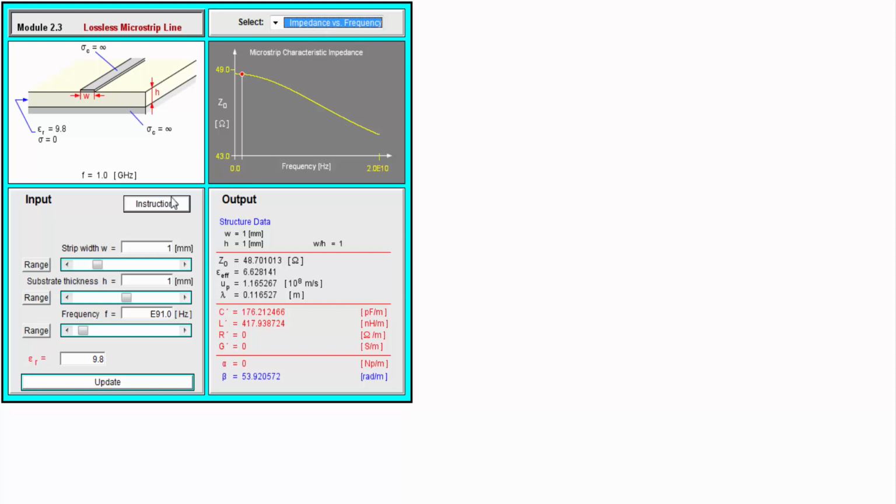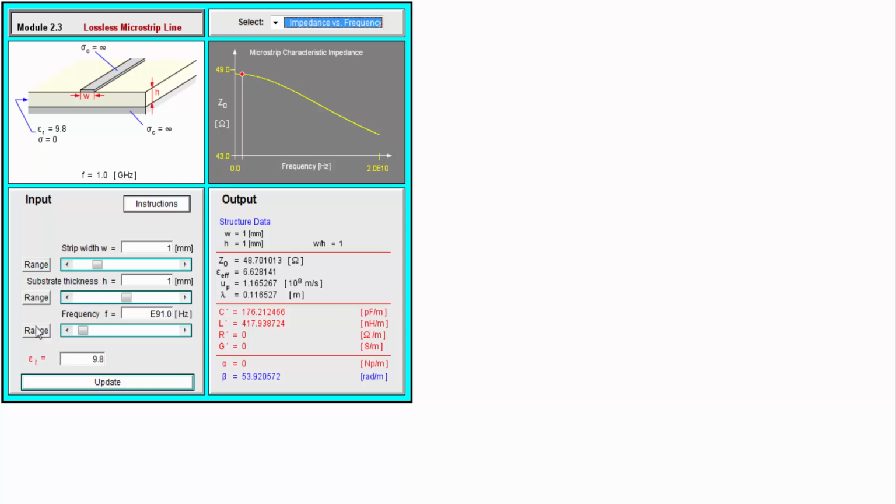Okay, so here we have a microstrip with 1 millimeter width and 1 millimeter substrate height, sorry, and 1 gigahertz frequency of the applied electrical signal, and the dielectric permittivity is 9.8. So this is the physical dielectric constant, the physical permittivity.